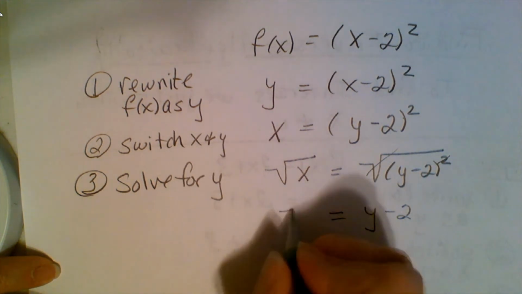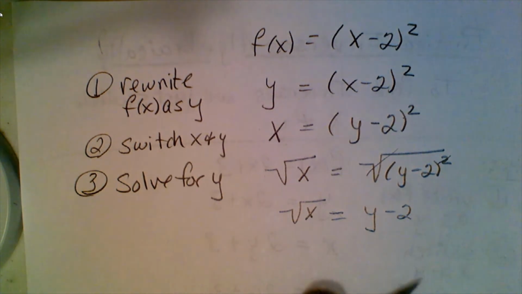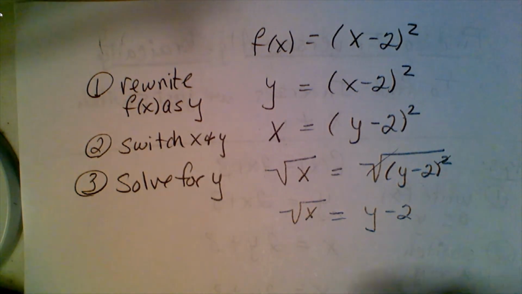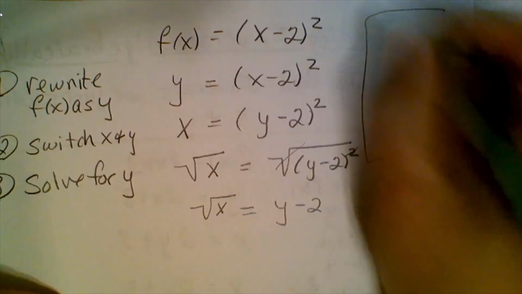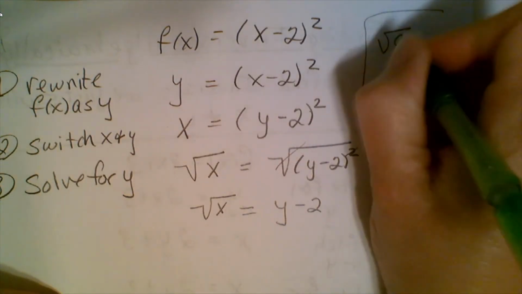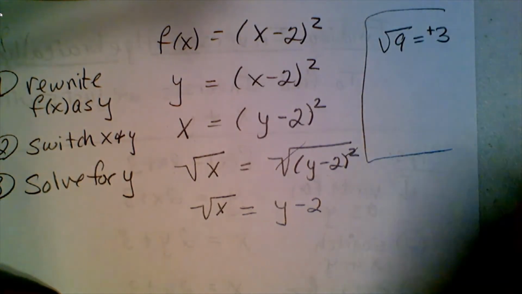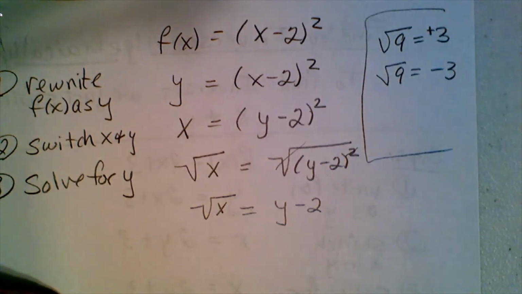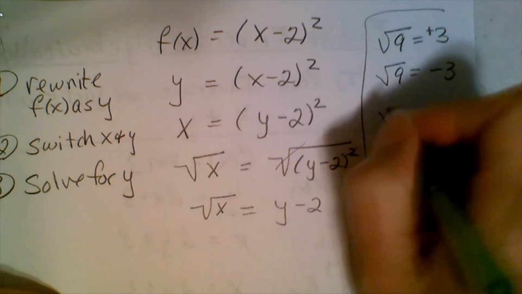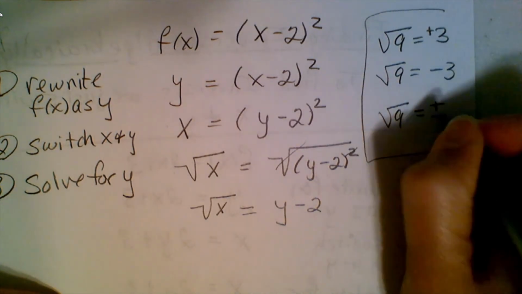But when I come here with this x, do I need the positive or the negative? So I'm going to do a quick side note. And I will do this in class, and I have done this in class. What's the square root of 9? People will tell me 3. And I'll say, no. They'll tell me negative 3. And I'll say, no. And then it will go round and round for a few minutes before they realize they have to tell me plus or minus 3.